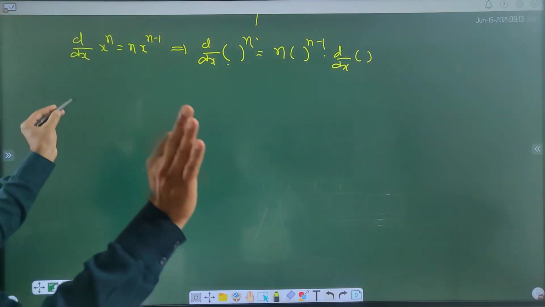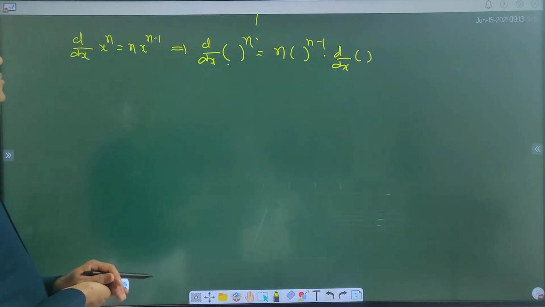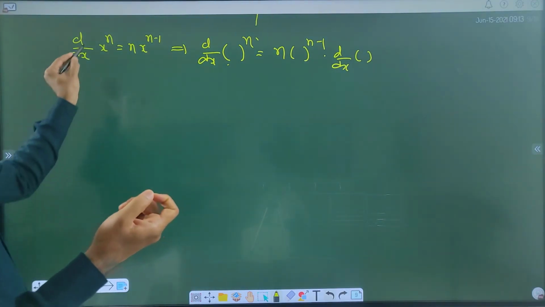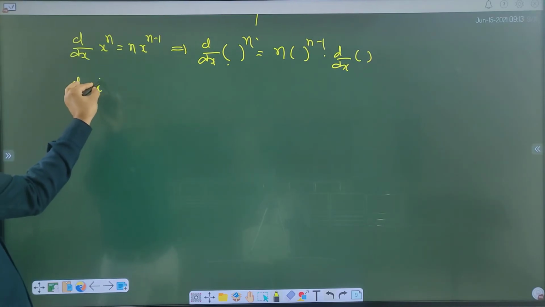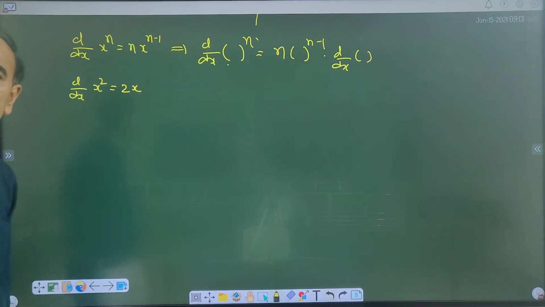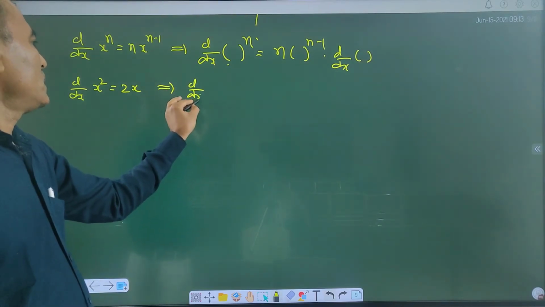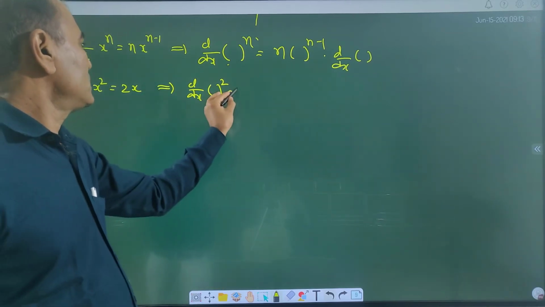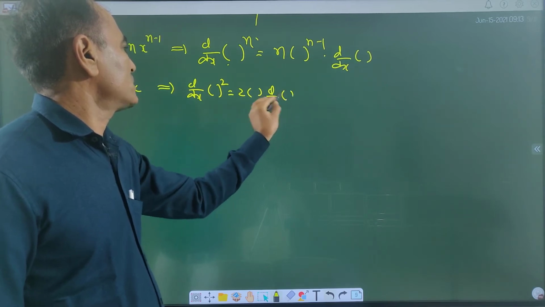See. Now from this standard form, frequently we are going to use 3 other forms. Take n is equal to 2. So d by dx of x square, according to this formula, comes out 2x. See, how are we going to use it? d by dx of some function square is equal to 2 times some function into d by dx of some function.